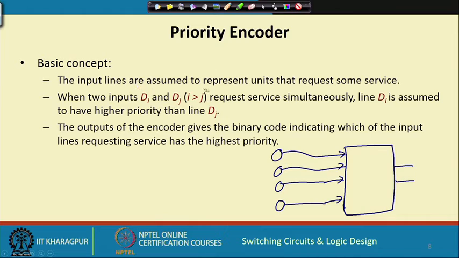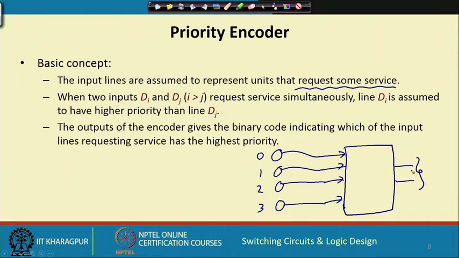The input lines are assumed to represent units that request some service, and the output will indicate which of the inputs, that is, input 0, 1, 2, 3, the 4 input units, have generated the request.